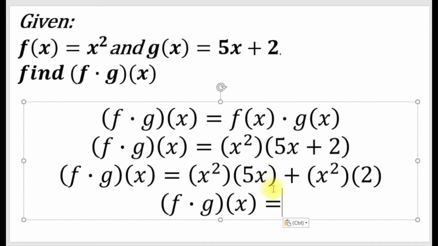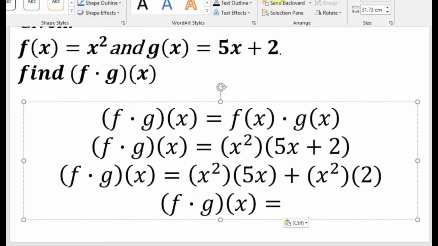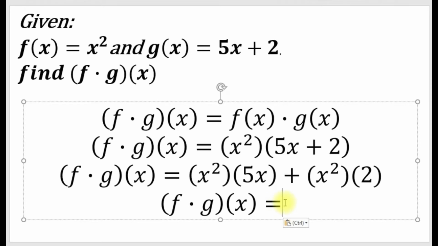After that, we're going to simplify it further. So x squared times 5x, that is equal to 5x cubed.